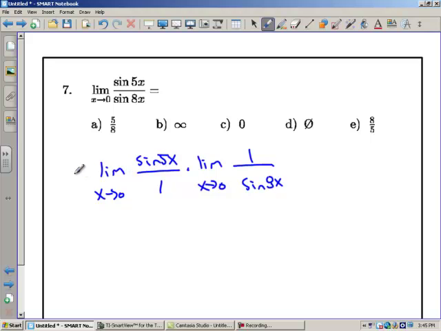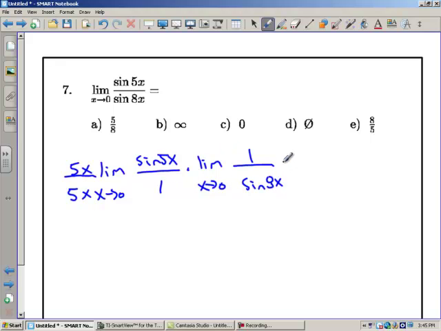This first limit I'm going to multiply times. What would I like to have down here? I'd really like to have a 5x down here, right? Because if I had a 5x down here, then that would cancel with that. But I can't just do that. I've also got to do a 5x up here, so that I've got my clever form of 1.